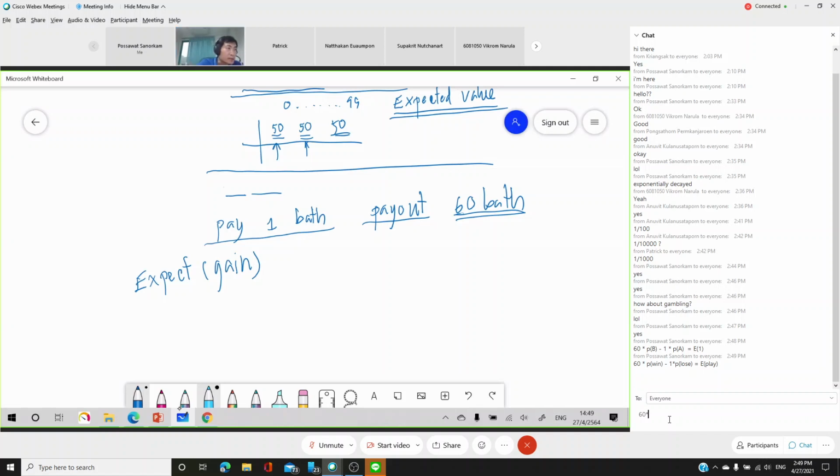The gain could be minus. Two-digit number. Put 1 baht bet. When you win, you get 60 baht. You play it for 100 times. What's your expected gain?